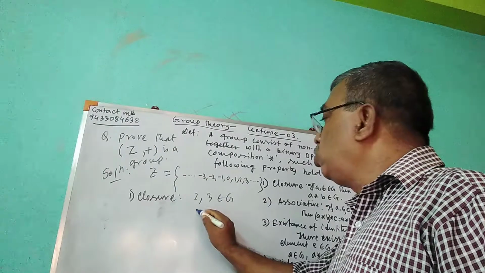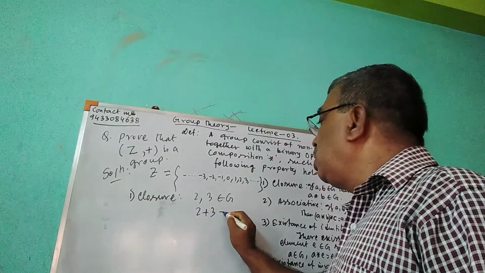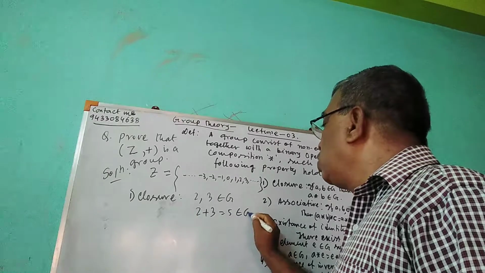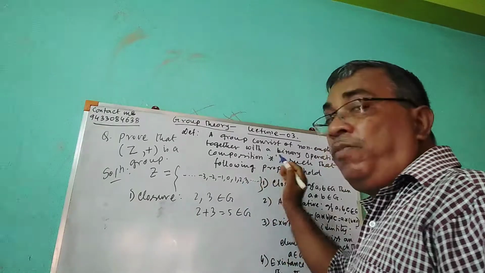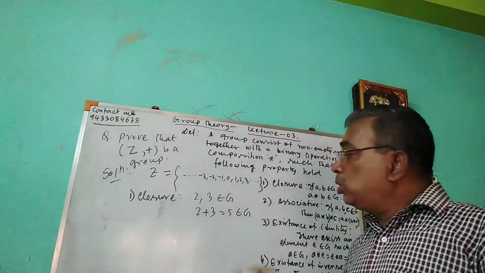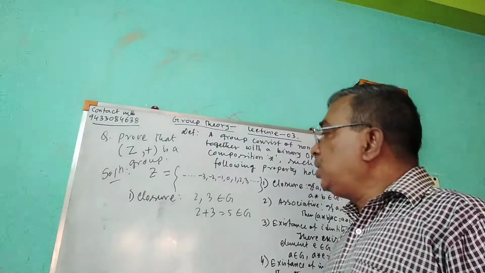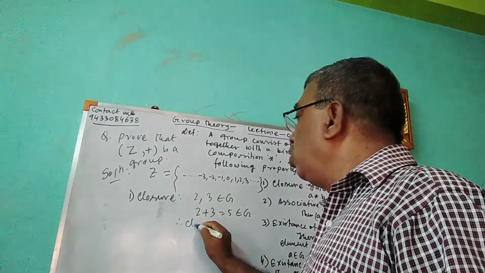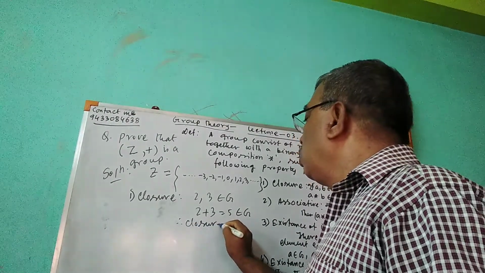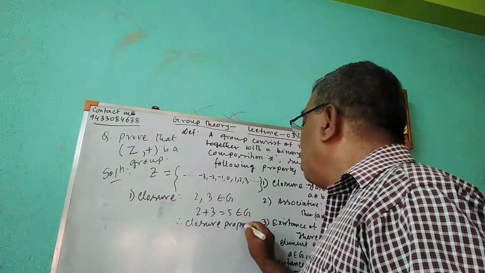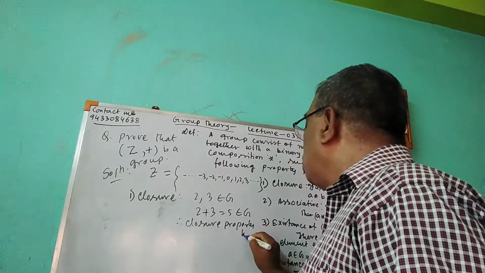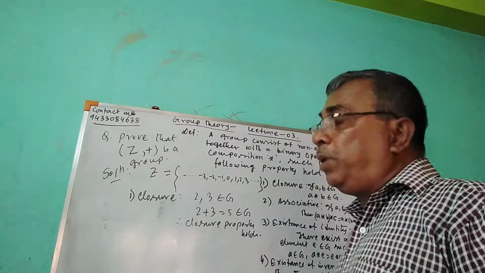So 2 plus 3 is equal to 5. 5 belongs to Z. So hence closure property holds.